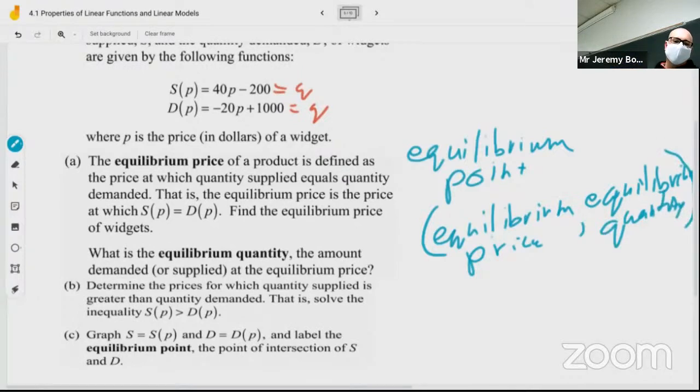So it's a point. Oh, they said it in part C, I just noticed that. So the equilibrium point is where those two intersect each other, and that will give you the equilibrium price as well as the equilibrium quantity. Any questions on that?